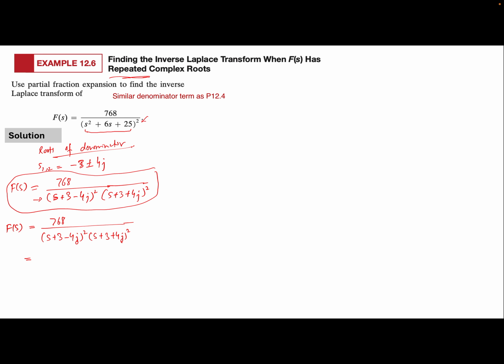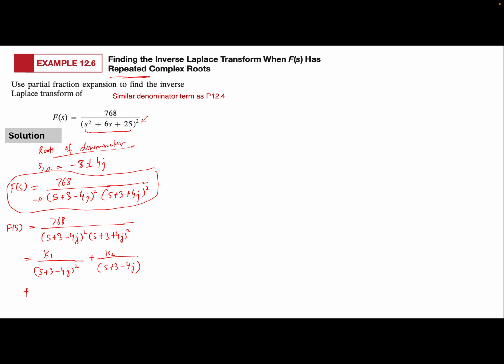So I'm going to do K1 over s plus 3 minus 4j whole square, and now another K2 over s plus 3 minus 4j. This is how we treat the repeated roots.